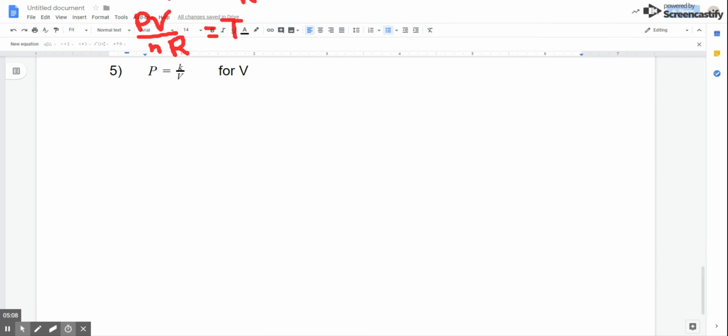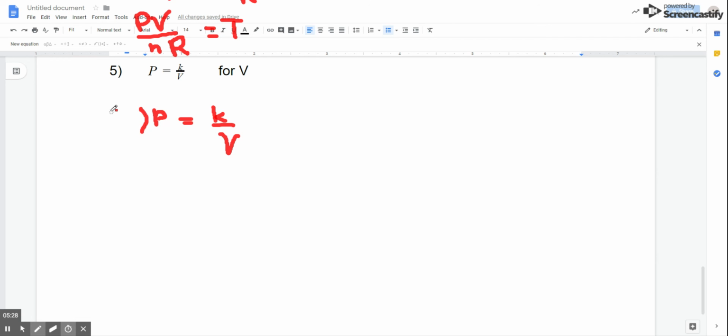This one's trickier, but it's just like working with fractions. We want the equation in terms of V, but K is being divided by V. So the opposite of dividing is multiplying.